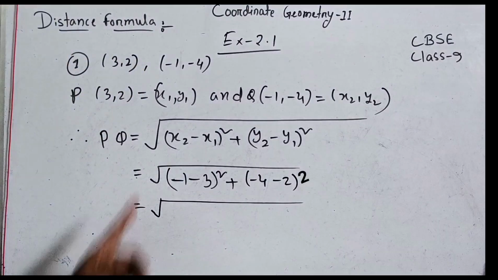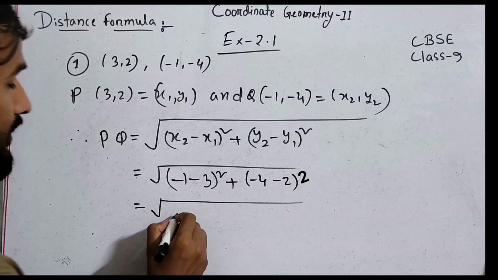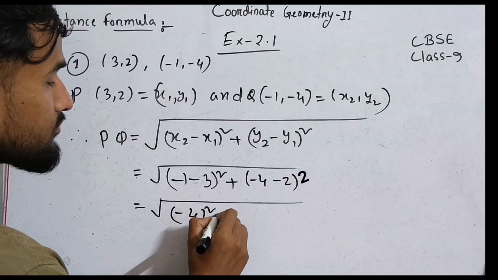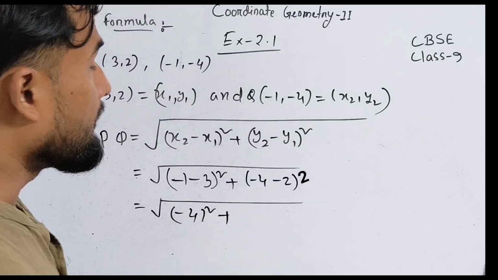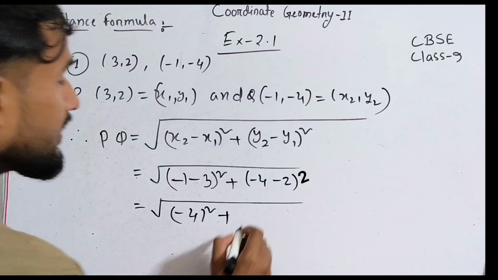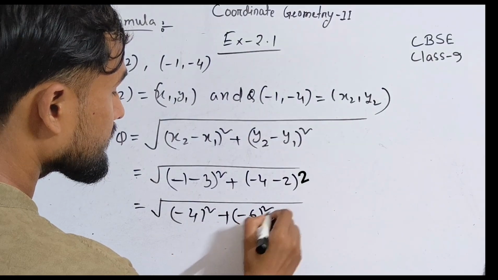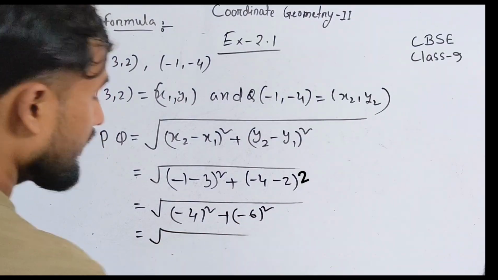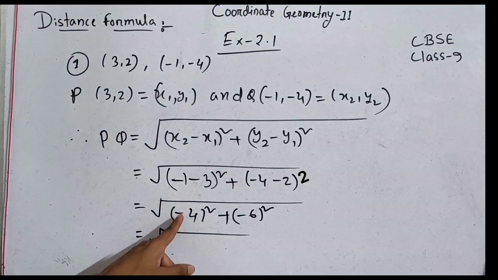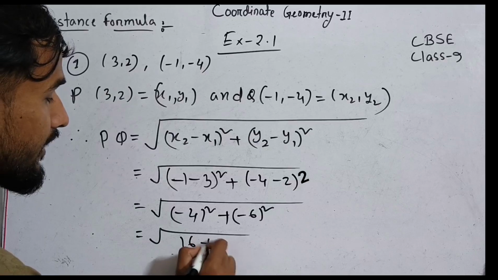Let's solve this. Minus 1 minus 3 will be minus 4, whole square, plus minus 4 minus 2 will be minus 6. Let's square. A negative number squared will be positive, and 4 squared will be 16.